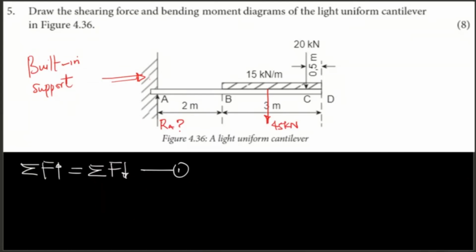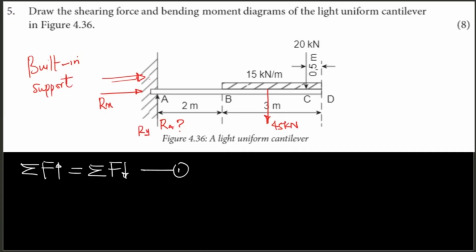I'm going to use this to get the reaction at A. Normally, when you have a built-in support, I think according to your level, when you're doing stress analysis, it has two reactions. We call this one Rx, and this one Ry. But according to your level, when you are doing your degree, that is when we consider those two forces, the vertical and the horizontal.